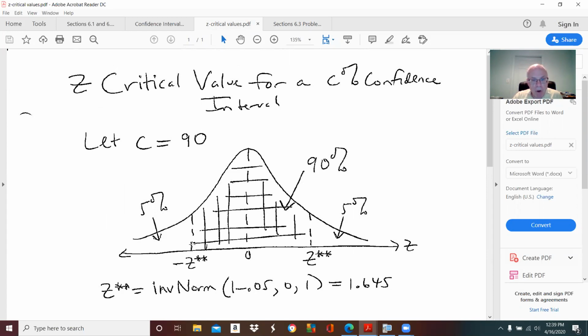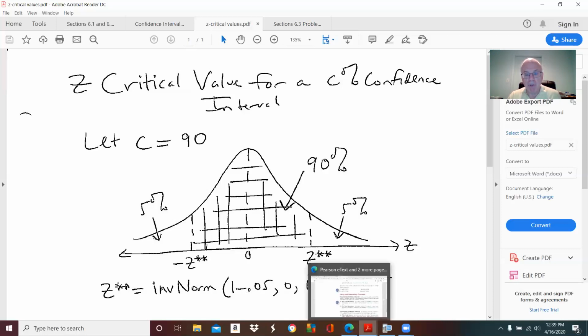In both calculations it would be 1 minus 0.05 or 0.95. It's the same. It's a z, so we use our mean as 0 and our standard deviation as 1. And we find the answer, rounded to 3 decimal places, as 1.645. So that's how we came up with our z critical value.